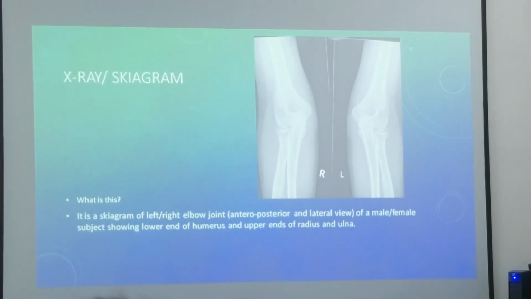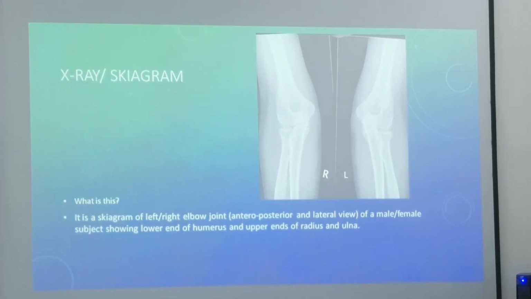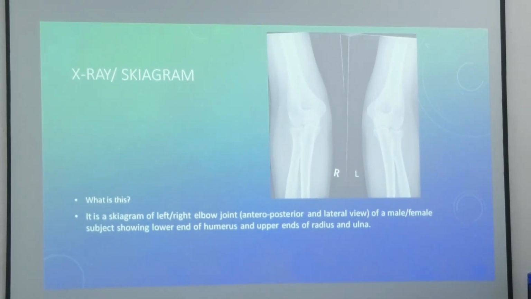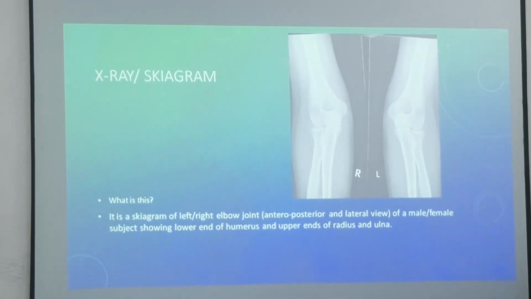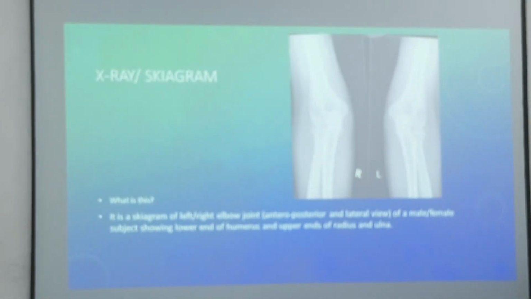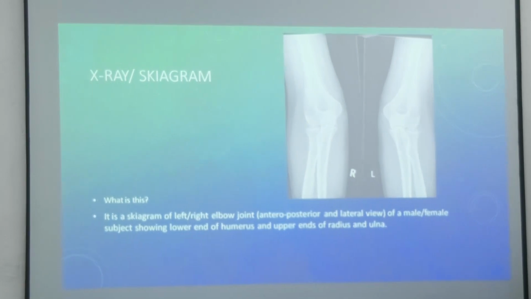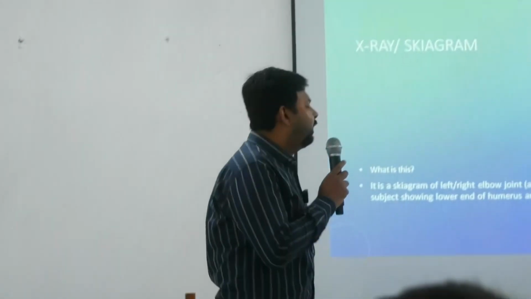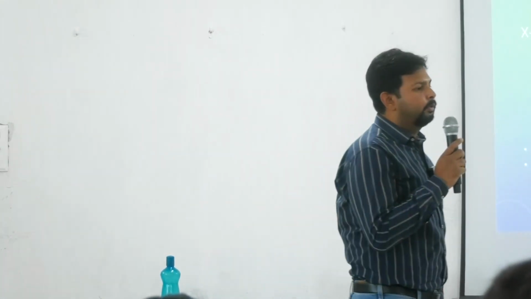So as it states here, it is a sciagram of left or right elbow joint in anterior, posterior and lateral view of a male or a female, and showing the distal end of humerus and proximal end of ulna and radius. ঠিক আছে? proximal কিংবা তোমরা ওটা upper end বলতে পারো, কোনো অসুবিধা নেই, but you have to mention it as it is. Okay, so note it down.